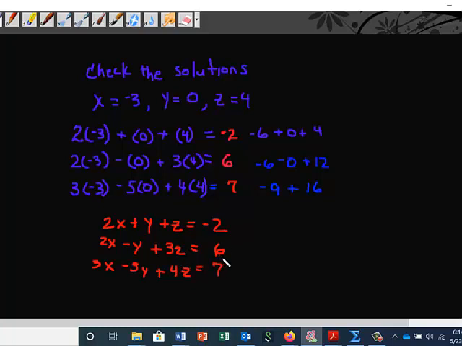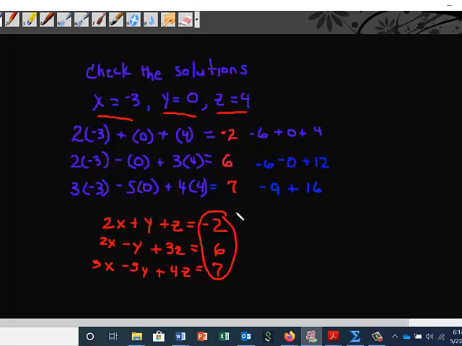So we got our original numbers when we found these solutions to the actual system that we solved, right?